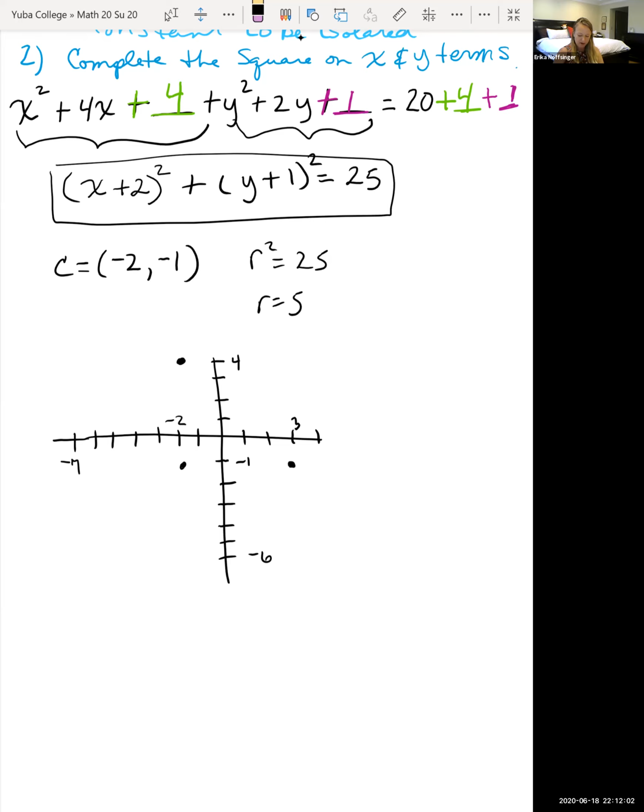Go down 5 from -1, so -1 minus 5, I get -6, so my point would be -2, -6. Go to the left from -2, so -2 minus 5, I get a point at -7, -1.